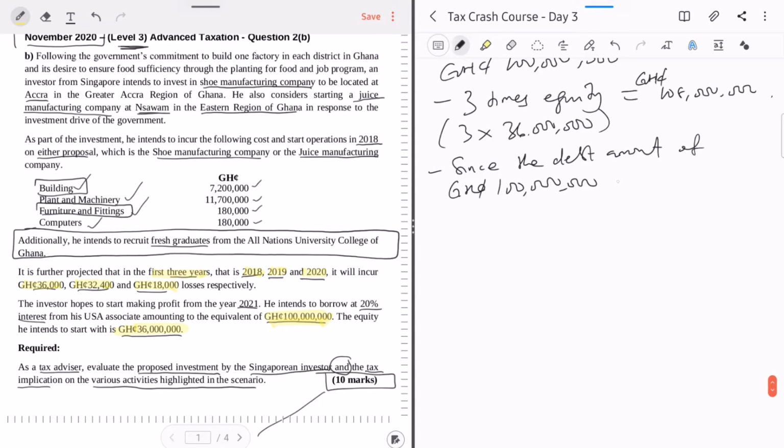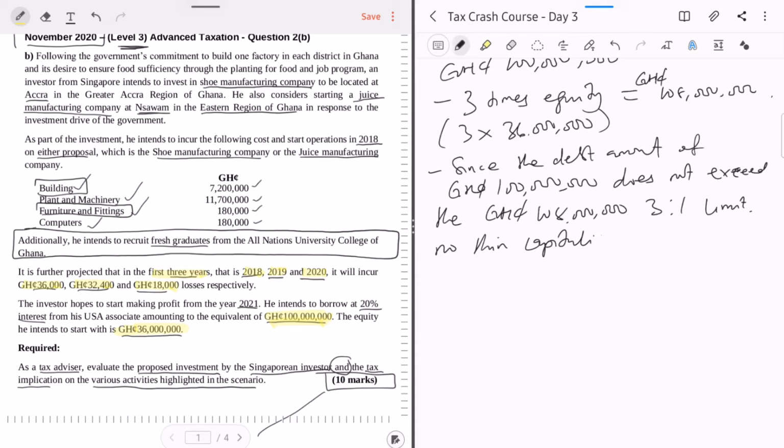The 100 million does not exceed the 108 million 3:1 limit, so no thin capitalization restriction will apply in this case.